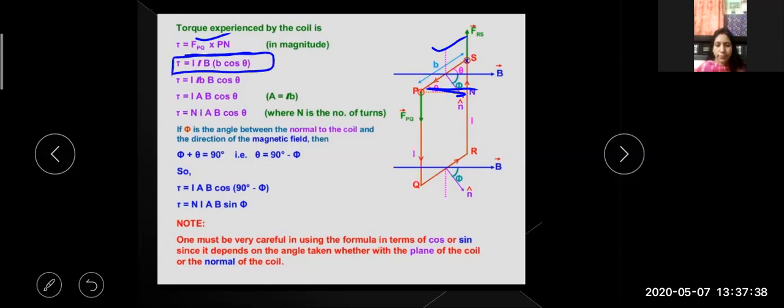If we see the top view of the coil, it looks something like this.